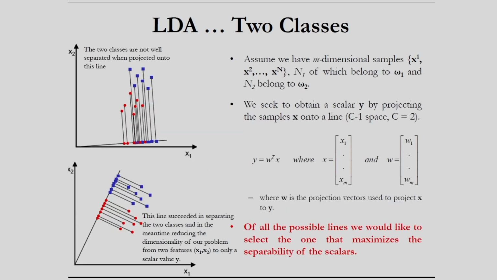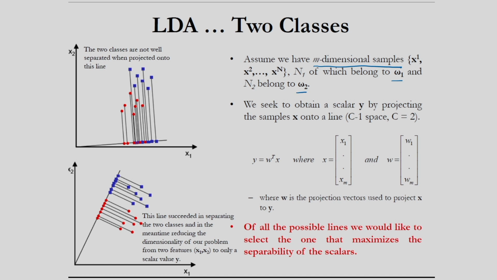For simplicity I am now considering only two classes, though this principle can be extended to C number of classes. So we have m dimensional samples, and we have n number of samples. n1 samples belong to the first class W1, and n2 samples belong to the other class W2.